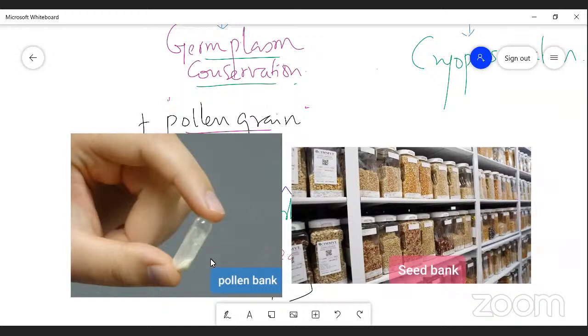So in the first case, you see there is a small tube that contains a large amount of pollen along with its viability and fertility, right? Why is it stored? In order to increase hybridization and to improve crops in the field of agriculture. And why have we collected various seeds and stored and preserved them?